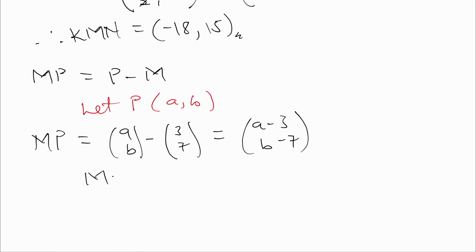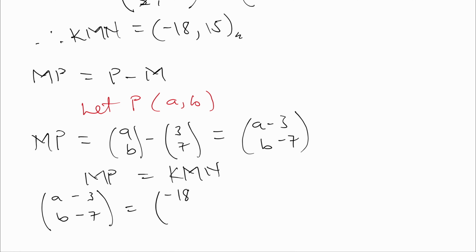But MP is equal to kMN. Therefore, we can say that (a - 3, b - 7) is equal to (-18, 15).